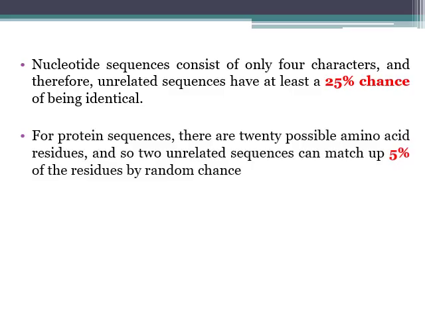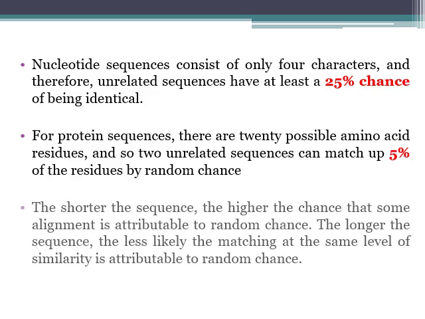But protein sequences are made up of 20 possible amino acids, and so two unrelated sequences can match up 5% of the residues by random chance. Now, the shorter the sequence, the higher the chance that some alignment is attributable to random chance.